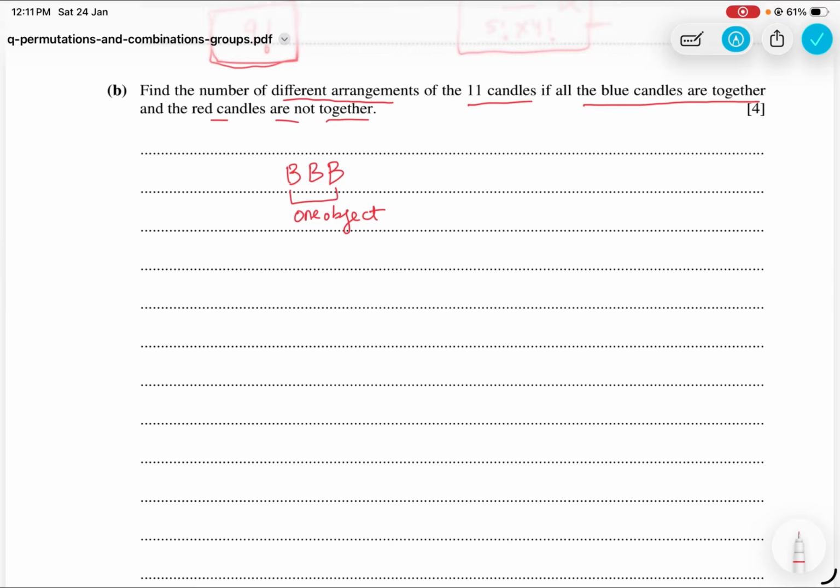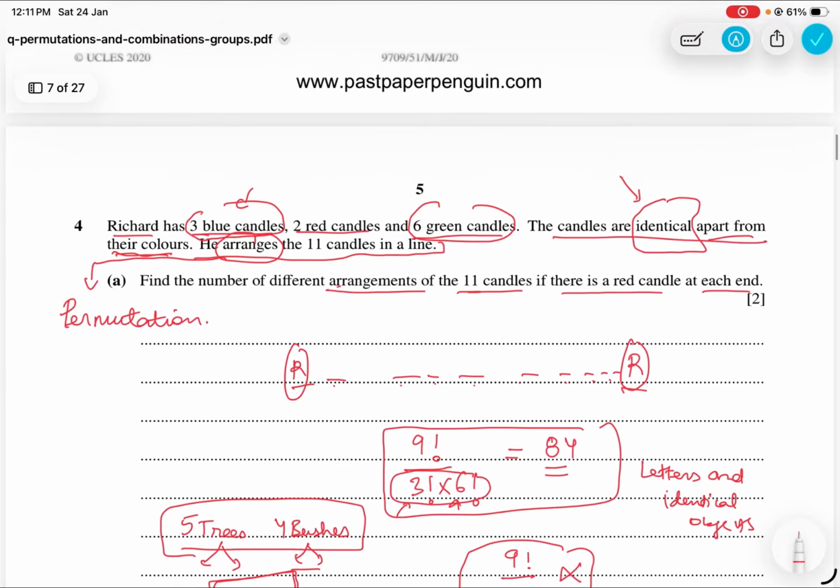After this, exclude the red candles because they are not together. First, we look at the exceptions. So we are keeping the blue candles together, and now we don't want red candles to be together. So exclude red candles first and tell me the remaining objects. How many will be remaining? If I exclude these two, 6 green candles will be remaining.